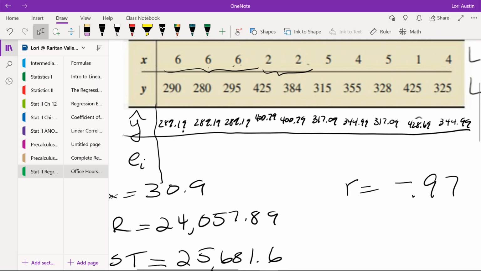So you'd start with 290 minus 289.19. And then you got to do it for each one because the raw value is different now. 280 minus 289.19. And make sure the sign is there, the negative or positive.